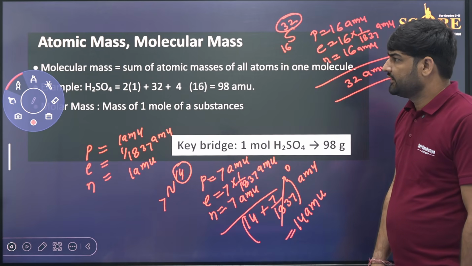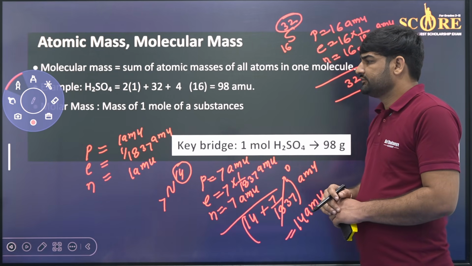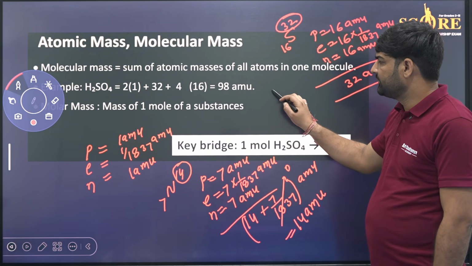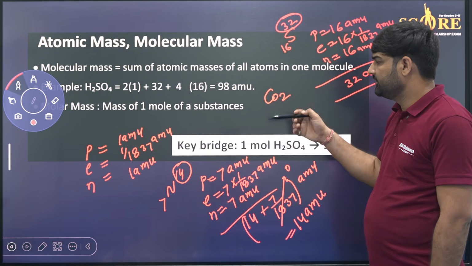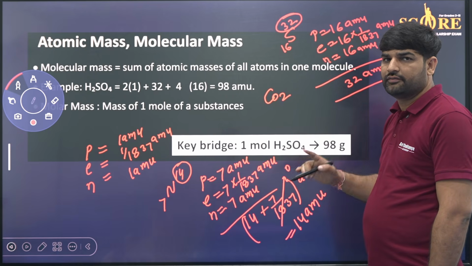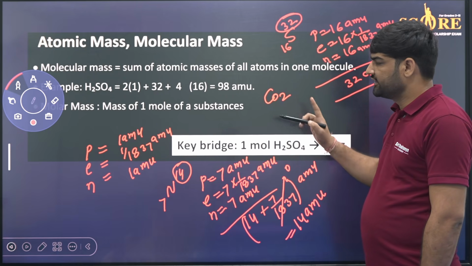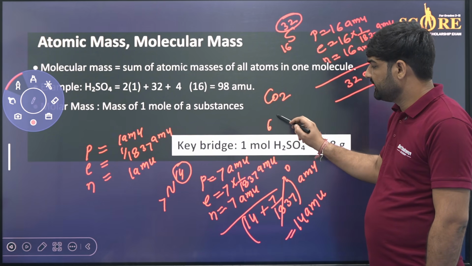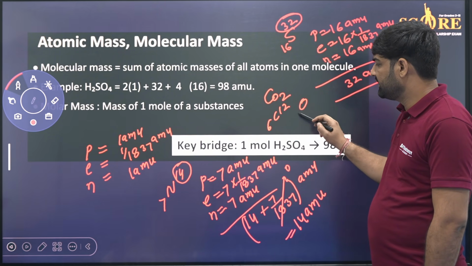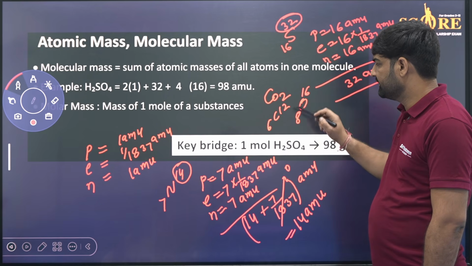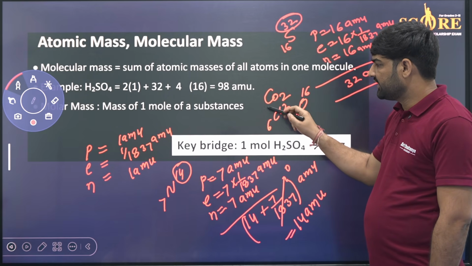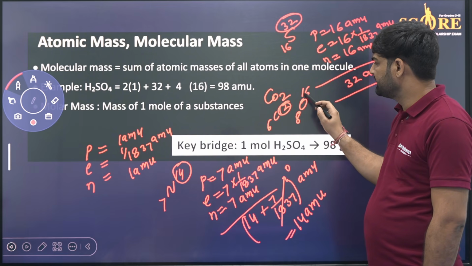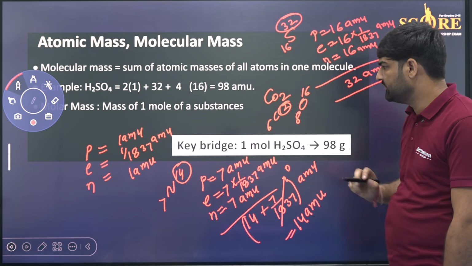Then now we go for molecular mass. Let's take the example of CO2. CO2 is a molecule. CO2 contains one carbon atom and two oxygen atoms. One carbon atom will be 6C12 and one oxygen atom will be 8O16. For one carbon atom the mass is 12 amu, and for two oxygen atoms the mass is 16 multiplied by 2, 32 amu.